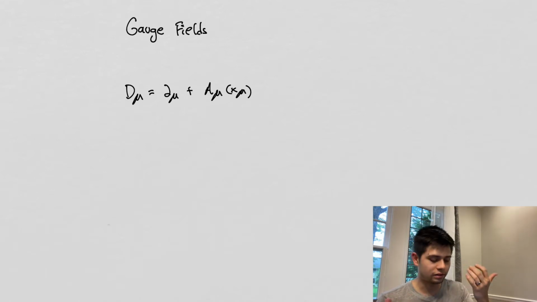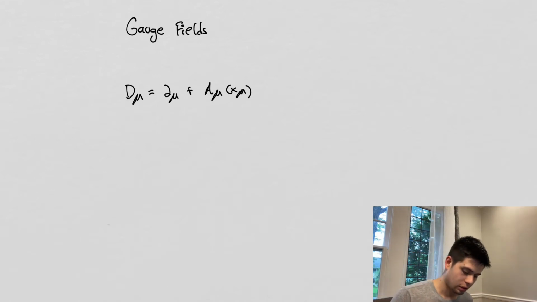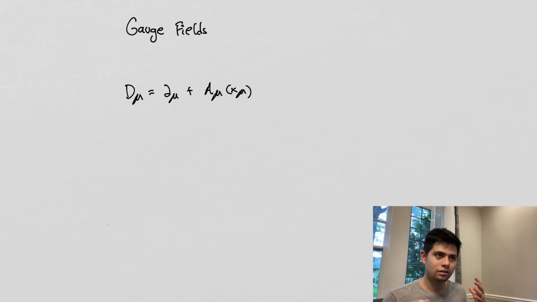I like to think of these as coordinate systems. This object right here, even though it's a vector, I like to think of it as something like a coordinate system because that's what makes sense to me. And I'll explain why.